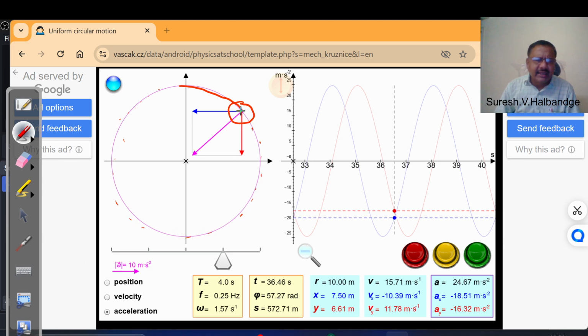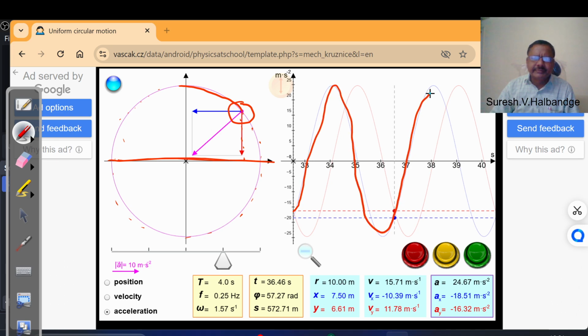Another particle is the projection of this on the diameter of the circle. The particle moving along the diameter of the circle will act as the oscillatory motion. And there is a third particle which will be performing the wave motion.